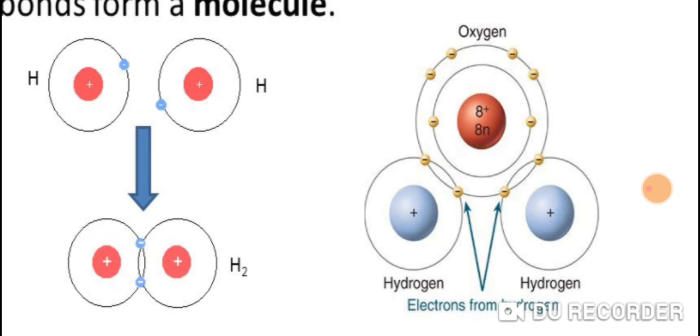So the hydrogen shell will be completed by sharing two electrons, and the oxygen L shell will be completed by having 8 electrons. So this is how it becomes stable and chemically combined with each other and exists in the environment, the water molecule.